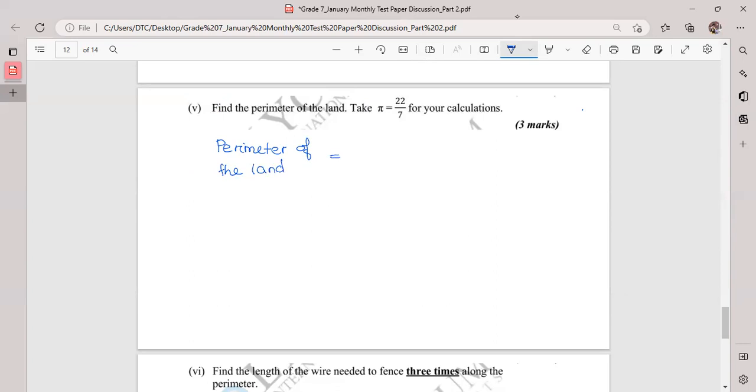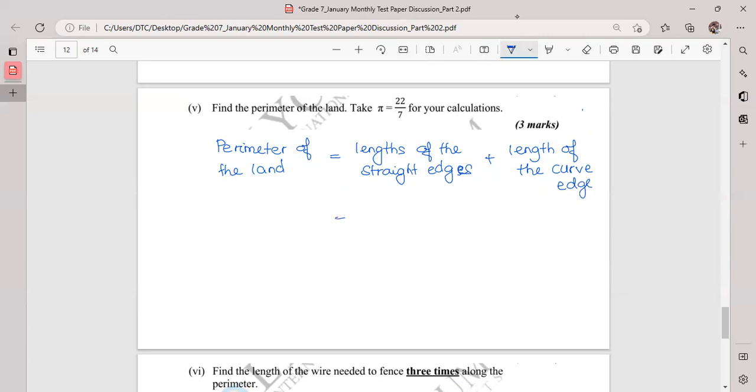So the length of the straight edges, right? And then the length of the curve edge, right?